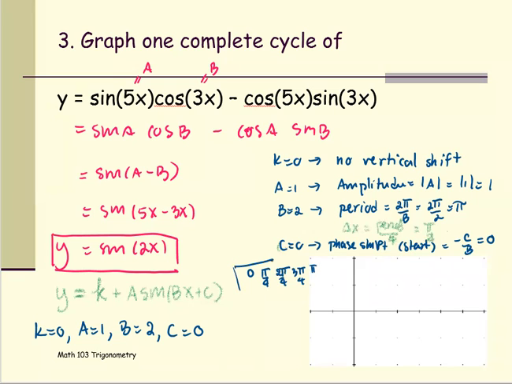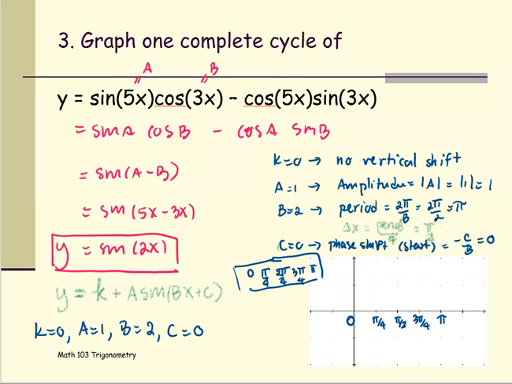So we're going to make a scale from 0 to pi with an increment of pi over 4. I'm going to put here, starting from 0, and then pi over 4. 2 pi over 4 is the same as pi over 2. And then 3 pi over 4. And then the last point of one cycle is going to be pi.